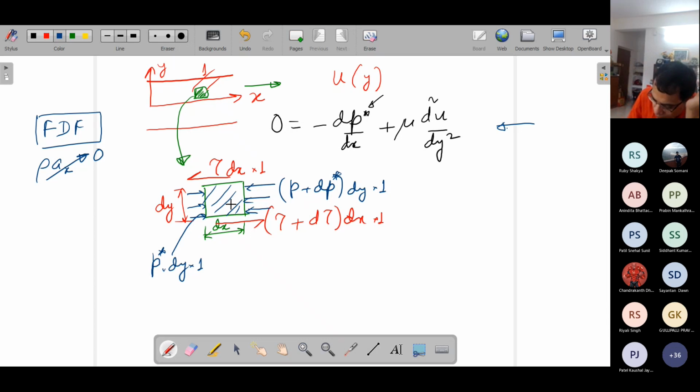So now, if we make a force balance, the resultant force along x equals 0. I'm just trying to give you a simple physics which even a high school student can appreciate.